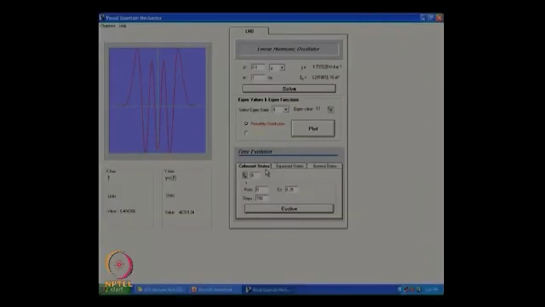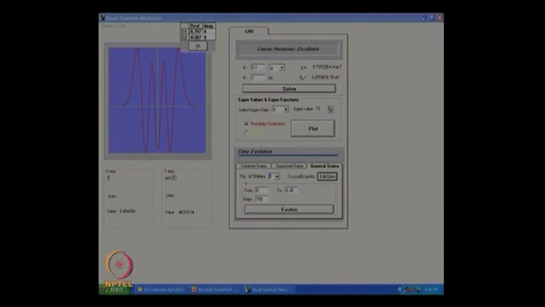If I do this, this is known as a coherent state. Let me then tell you what happens if I superpose different states. I am trying to superpose two states with the following coefficient.